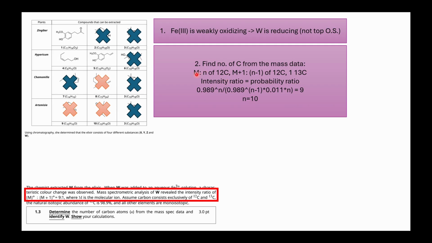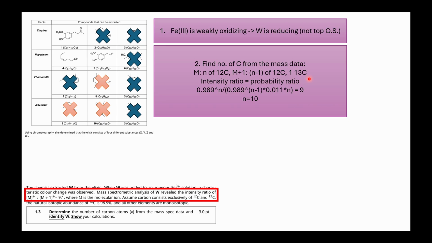So the M plus gives you the number of 12C, and the M plus 1 intensity gives you, sorry, what I meant to say is that the molecule with mass of n is basically made up of n carbon 12, and for the mass that is 1 unit higher, you have n minus 1 carbon 12 and 1 carbon 13.